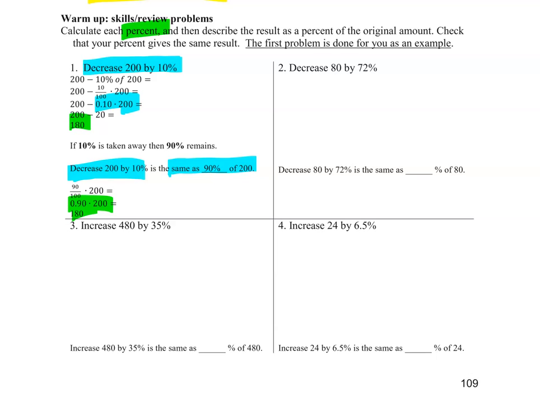Okay, so let's do the same thing with the next example here. Decrease 80 by 72%. So just like what we did here, 80 minus 72%, that is 0.72 times 80.